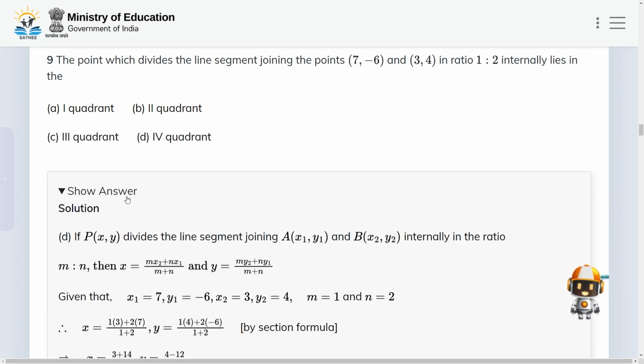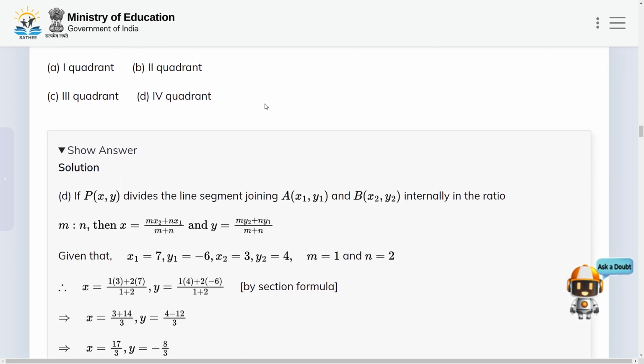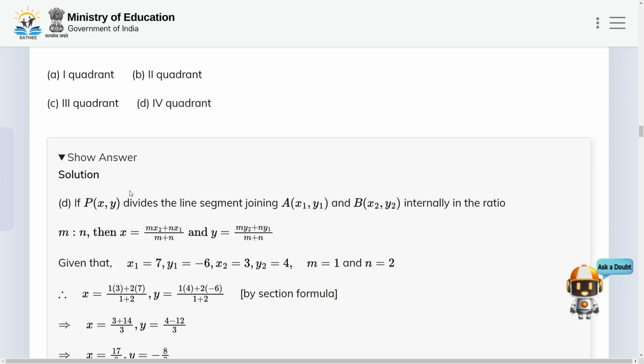We need to first find the coordinates of the point P(x, y). If P(x, y) divides the line segment joining A(x1, y1) and B(x2, y2) internally in the ratio m:n, then x is (m x2 plus n x1) divided by (m plus n), and y is equal to (m y2 plus n y1) divided by (m plus n). Here, given that x1 is 7, y1 is minus 6, x2 is 3, y2 is 4, and m is equal to 1 and n is equal to 2.